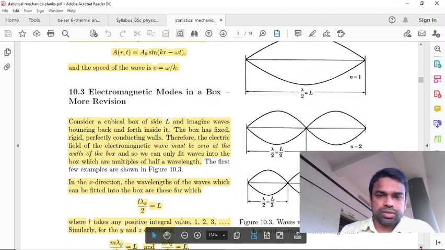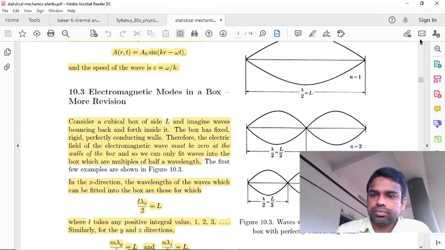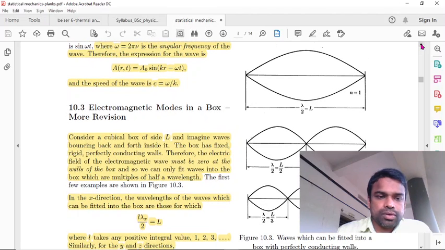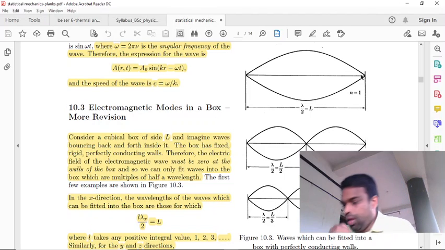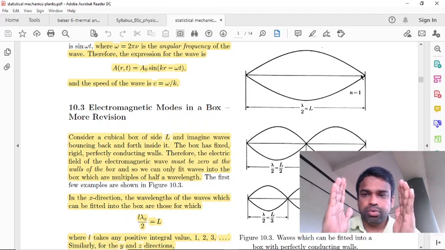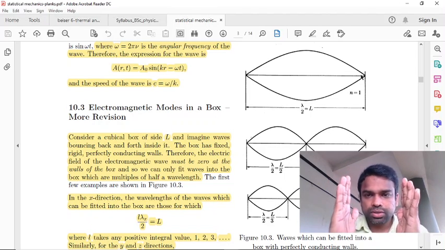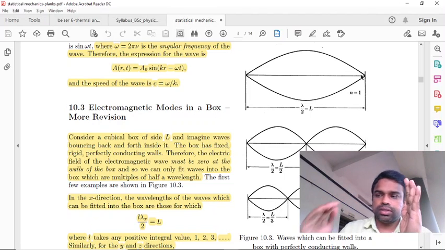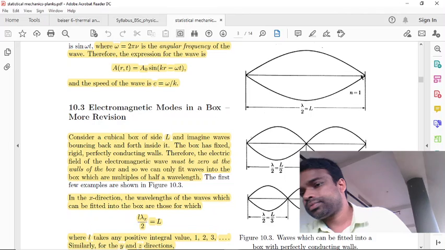Wave in a box. Consider a cubical box having length L. We imagine that the waves are bouncing back and forth inside that box. A wave is traveling or bouncing back inside the box.